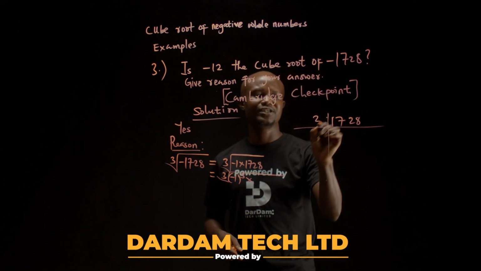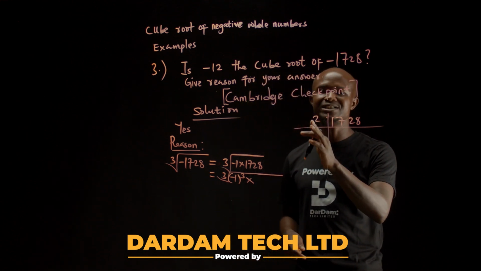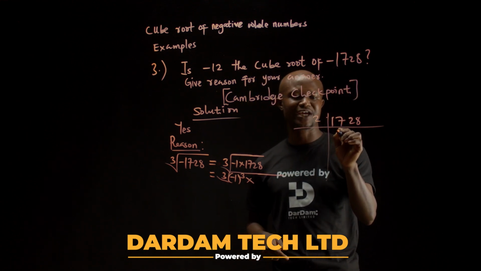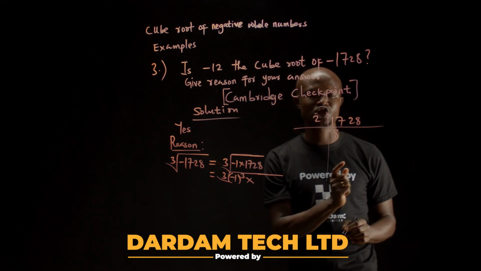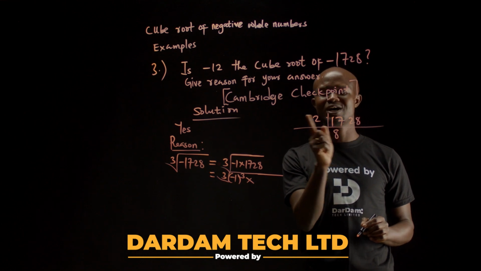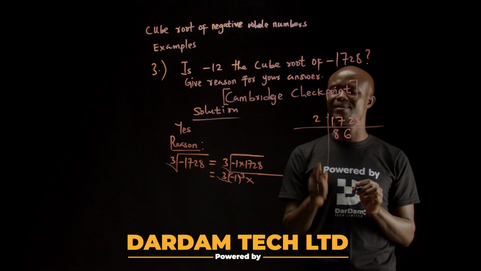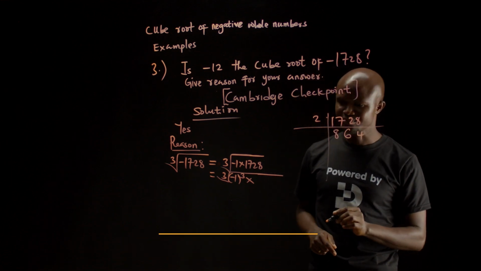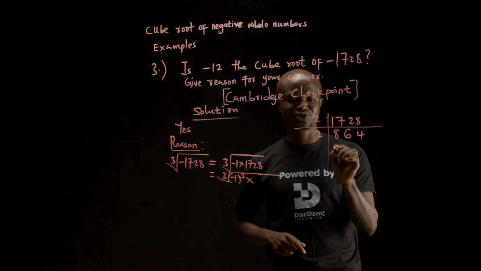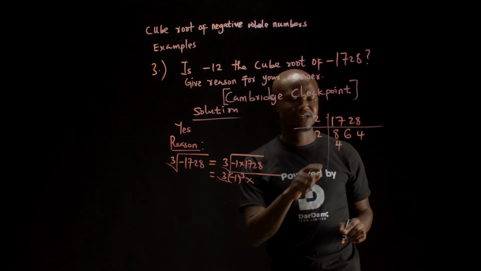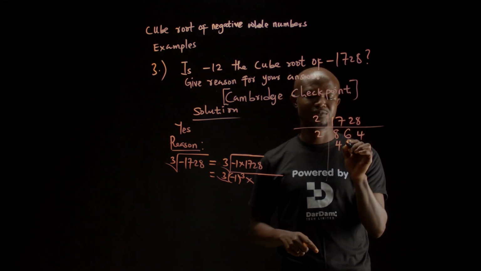Now, dividing by 2, what do we have? 17 divided by 2, I will have 8, remainder 1. Now, putting 1 in front of 2, I will have 12. 12 divided by 2, I will have 6. Then 8 divided by 2, I will have 4. Now, dividing by 2 again. 8 divided by 2, what will I have? 4. 6 divided by 2, I will have 3.